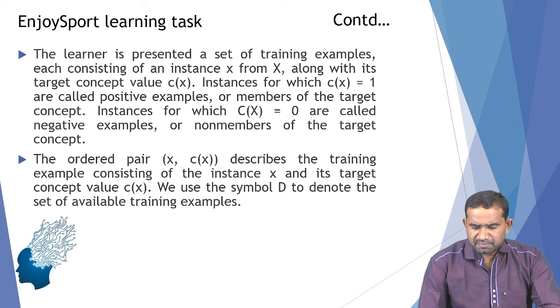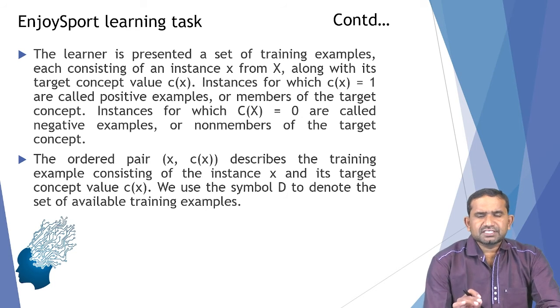Positive examples are members of the target concept, meaning c of x is equal to 1. An instance x for which c of x is equal to 0, meaning null value, is called a negative example or non-member of the target function.